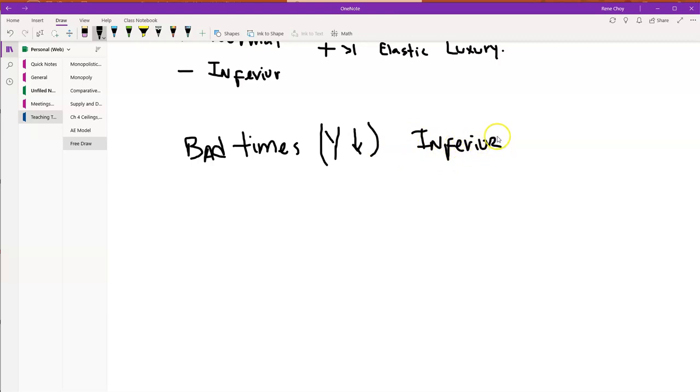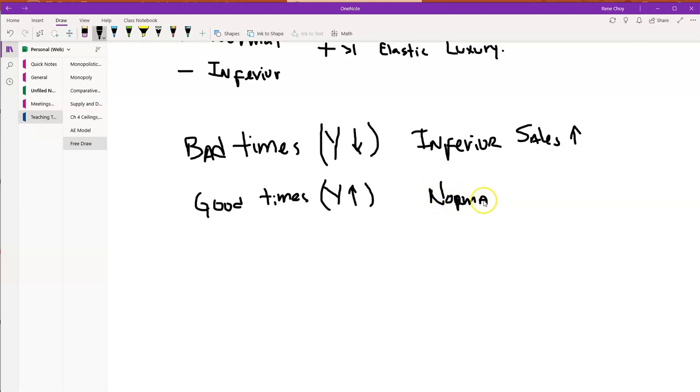So inferior good sales will go up. During good times, and again, those are times where income will be increasing, then normal good sales will go up. I'm missing that part. There we go. Normal good sales will go up.